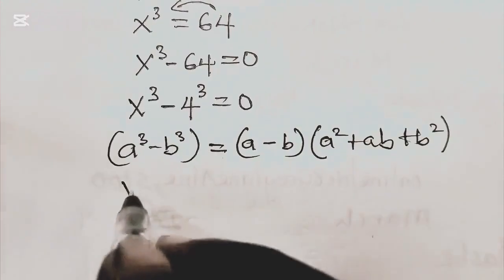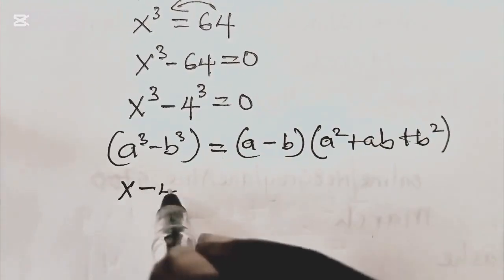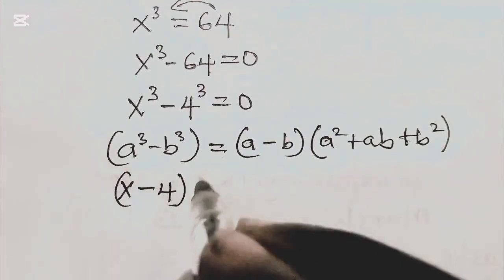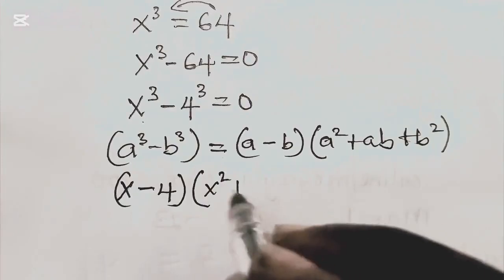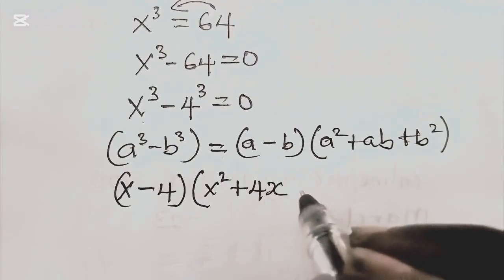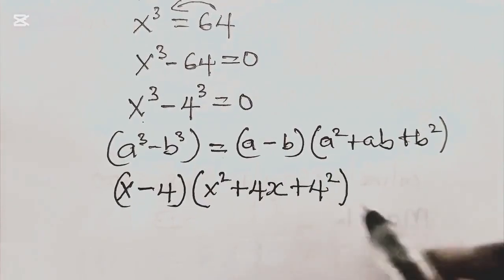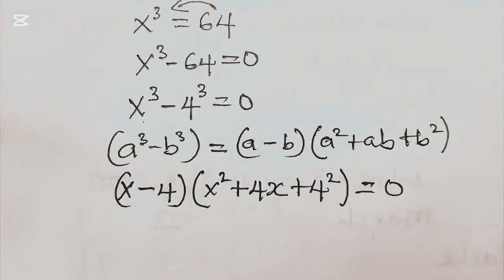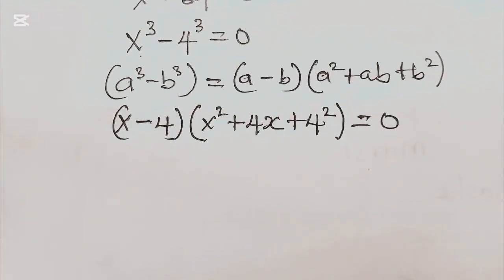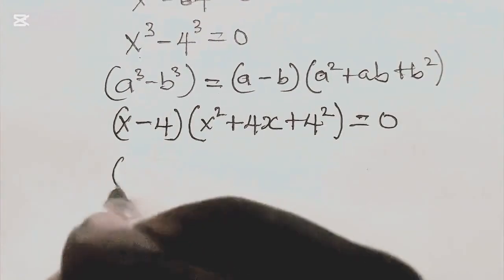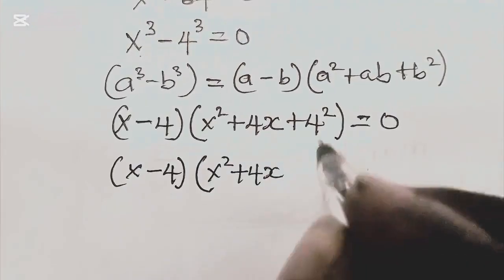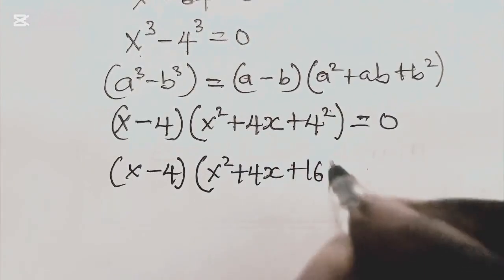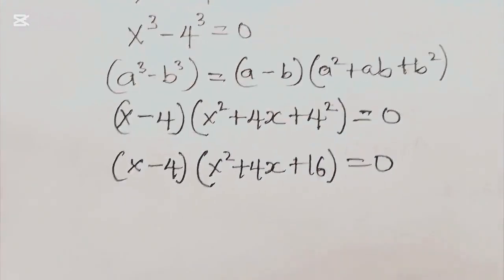So we have x minus 4, then close bracket, x squared plus 4x plus 4 squared. Then we close the bracket, which is equal to 0. So we can write x minus 4, close bracket, open x squared plus 4x, then 4 squared will give us plus 16, equals 0.